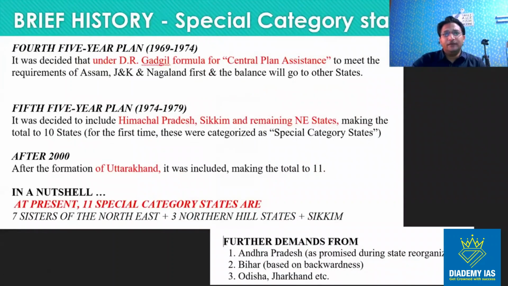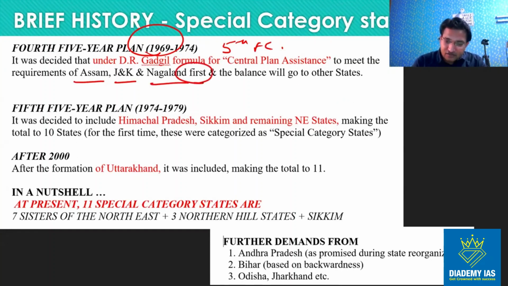If we see the brief history, starting from 1969, the 5th Finance Commission recommended this, right? And Assam, Jammu and Kashmir, and Nagaland were the first. After that, we included Himachal Pradesh, Sikkim, and the remaining northeast states.